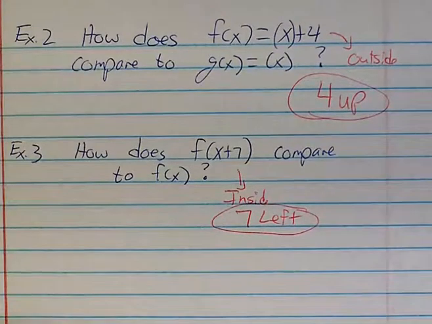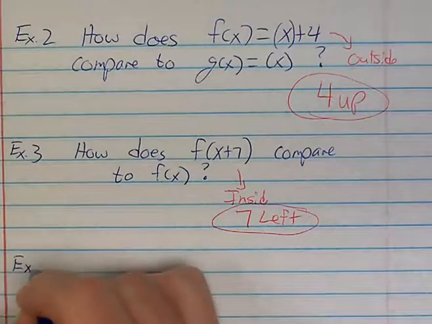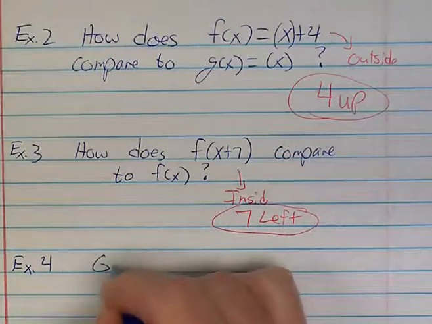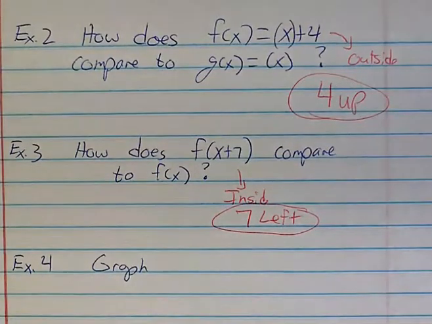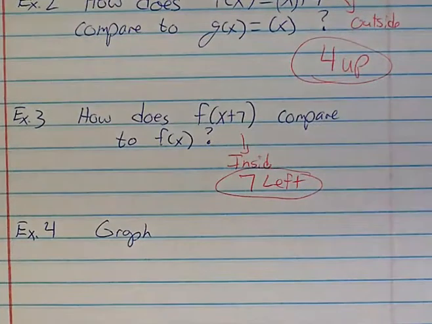All right, now here's where they might make you graph some of these and then talk about the difference of how this is. We'll kind of make it all tie together.